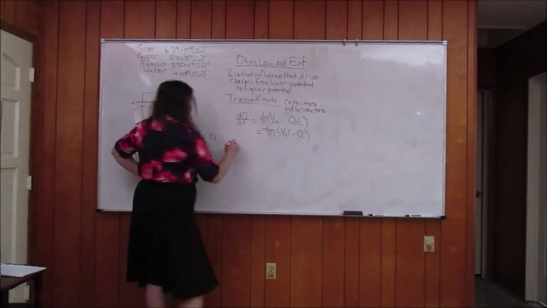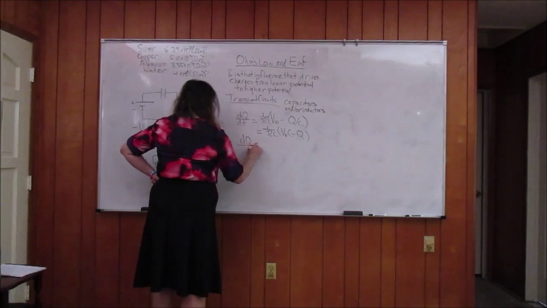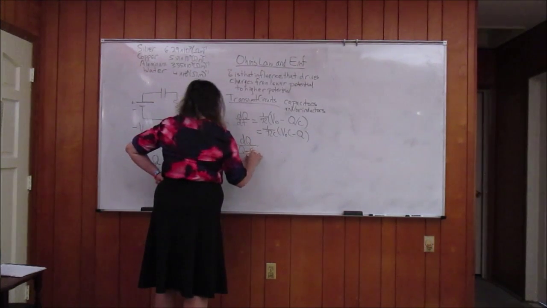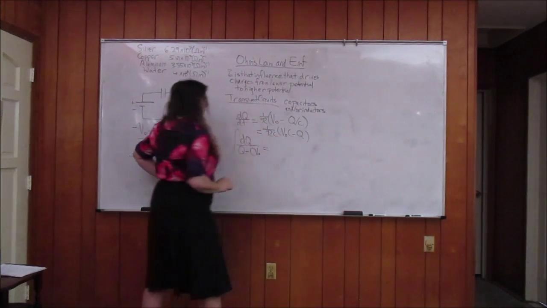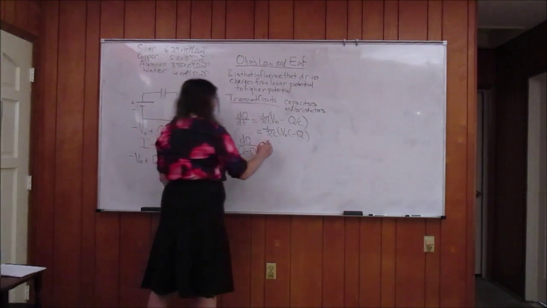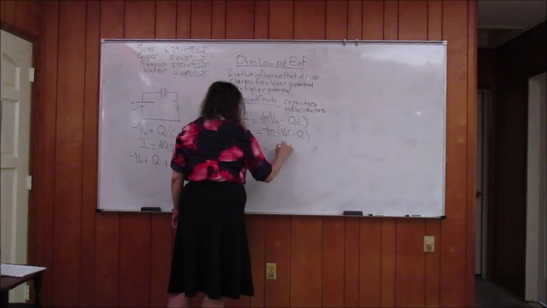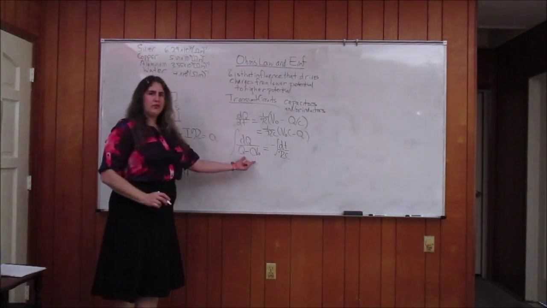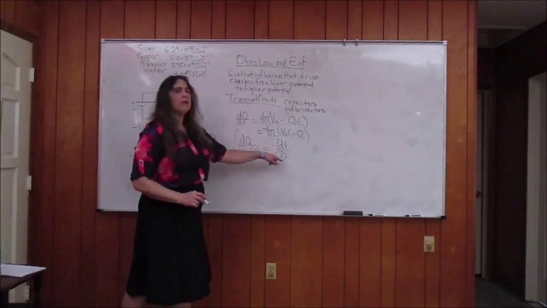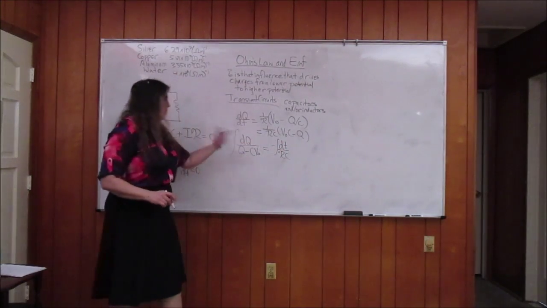So we'll have dQ over Q minus CV naught. Integrate that. And over the right-hand side, that is going to be equal to minus dt over RC. So I swapped these signs over here, and of course that led to another minus sign. I integrate this.